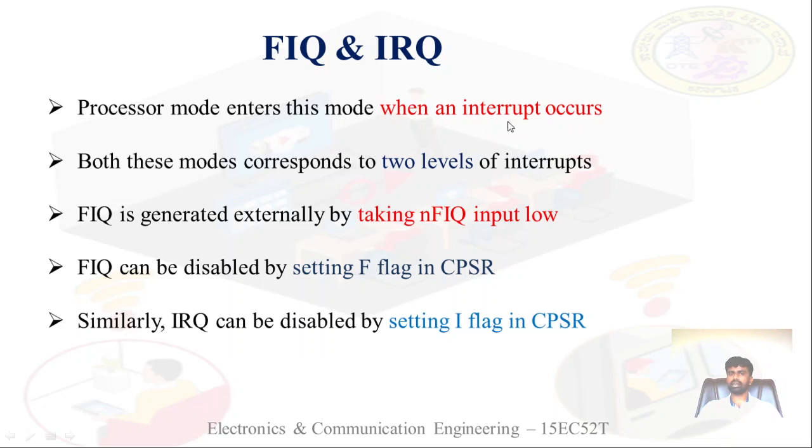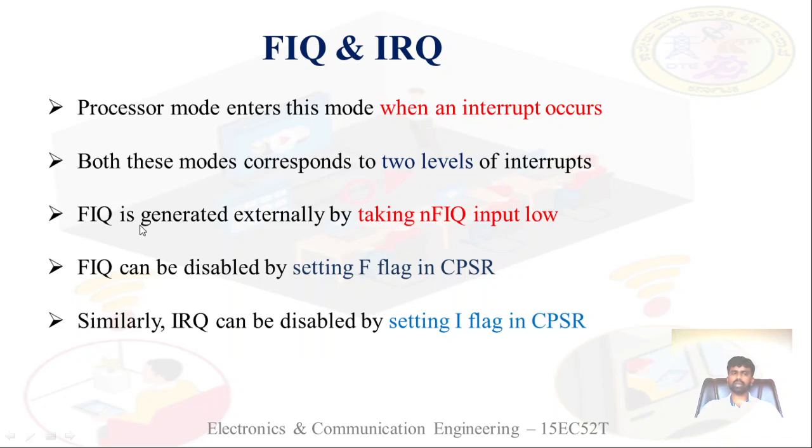When those interrupts occur during normal operation, at that time the processor enters these modes, whether it may be FIQ mode or IRQ mode. The difference is that FIQ mode has higher priority than IRQ mode. Both these modes correspond to two levels of interrupts, FIQ and IRQ.